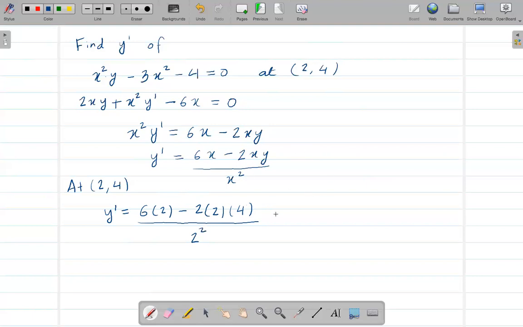So when you do the calculation, you'll get a negative 1 here.